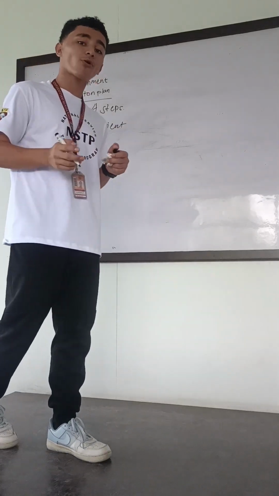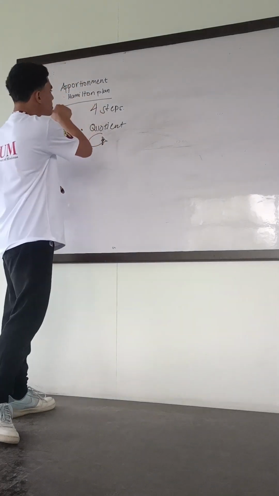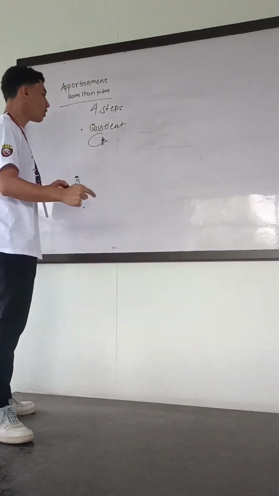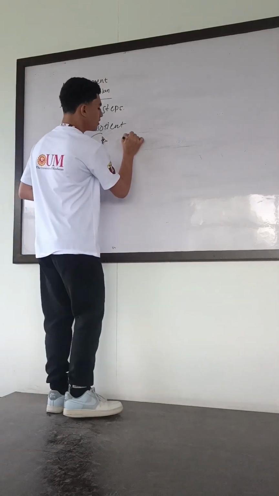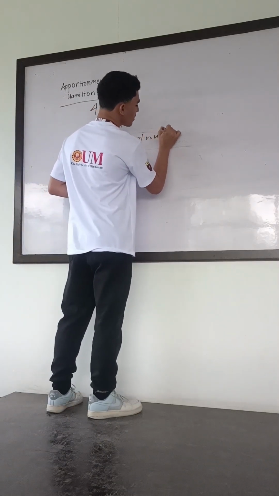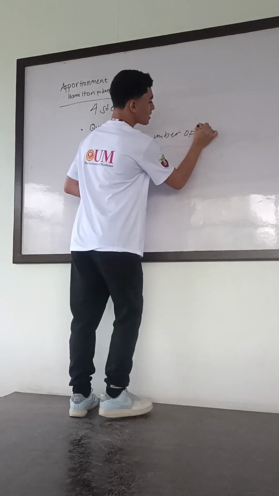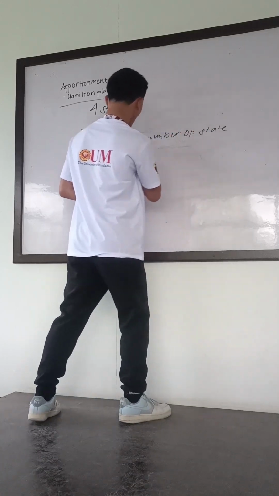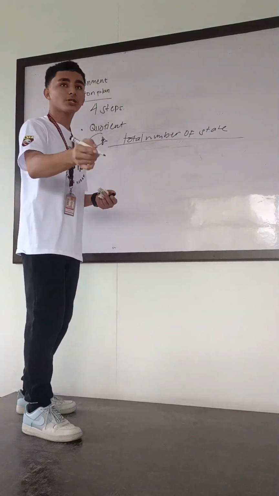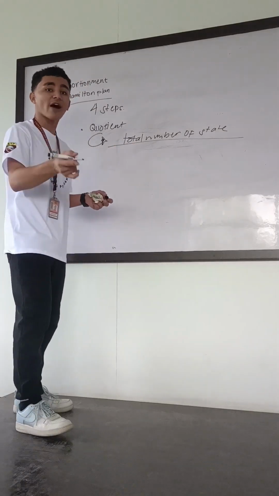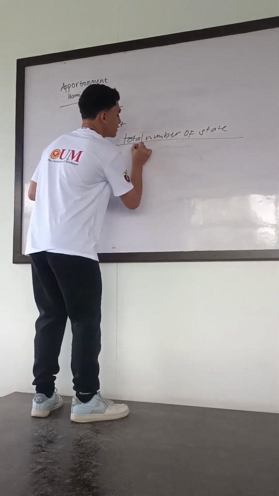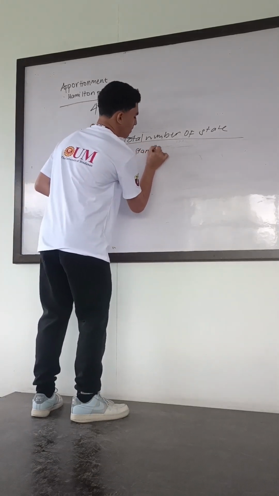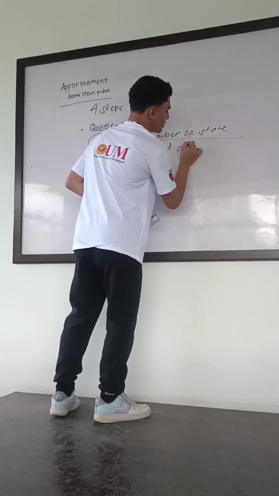In order to get the quotient, you must get the total number of states over the calculated standard divisor that we calculated during the first step, over the standard divisor.